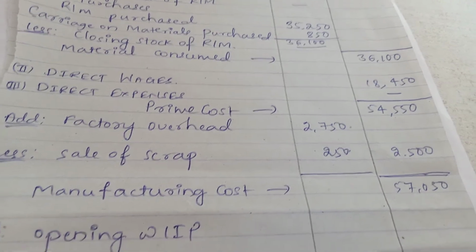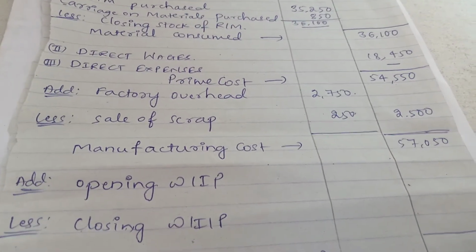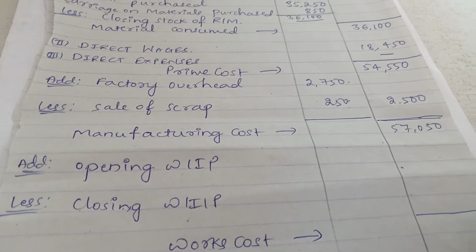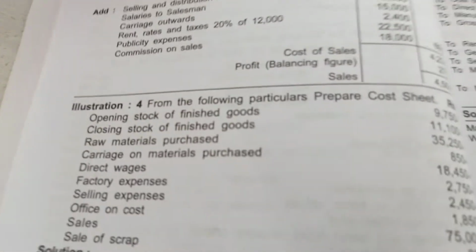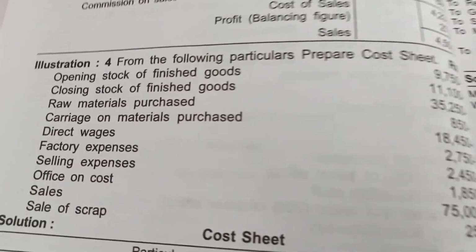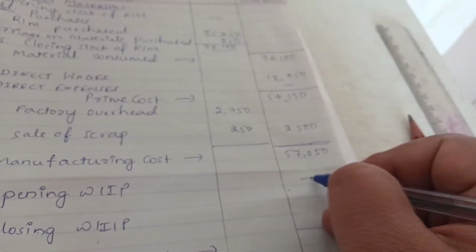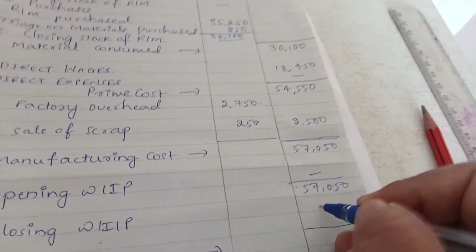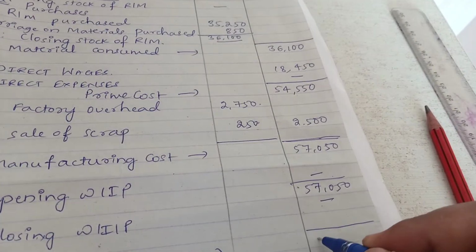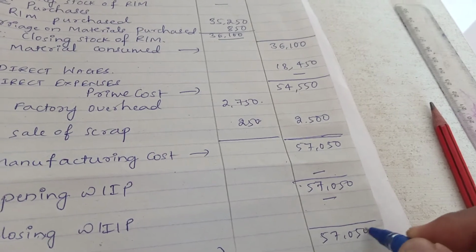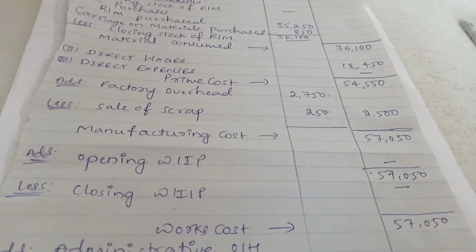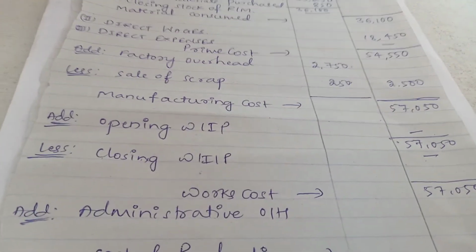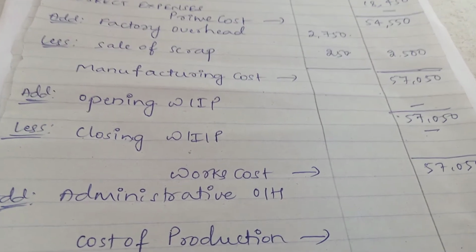As far as opening WIP and closing WIP, have they been given in the problem? No, there is no opening WIP as well as closing WIP. We can straight away put nil. So 57,050 we can straight away consider as the works cost. And to this we add the administrative overhead.